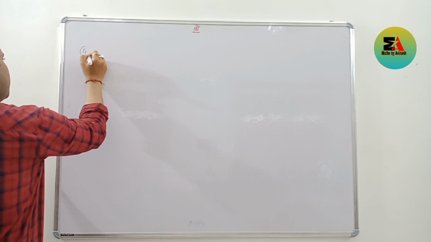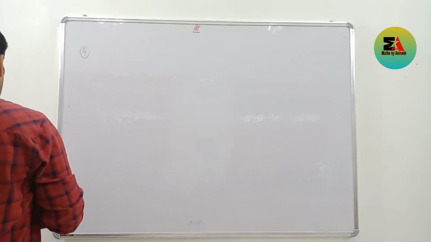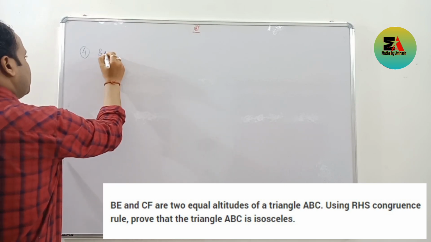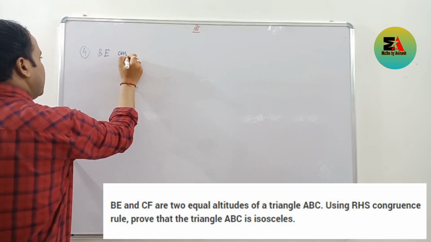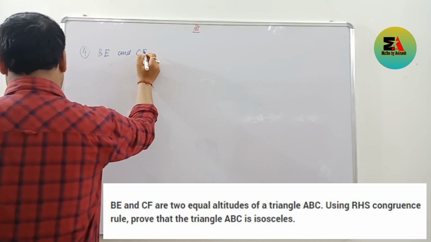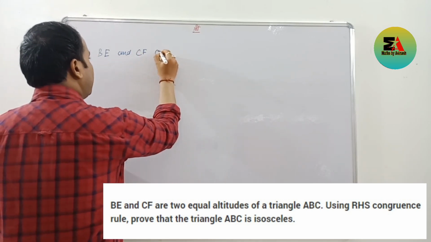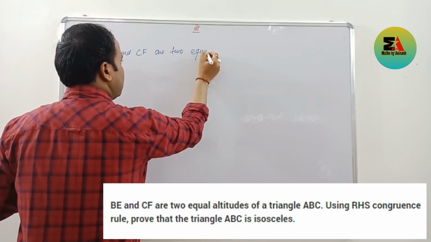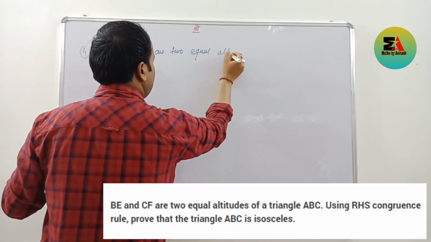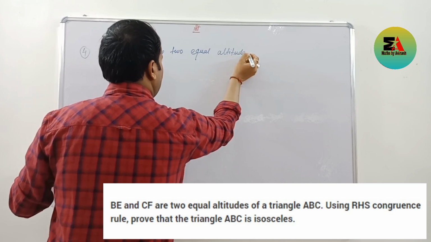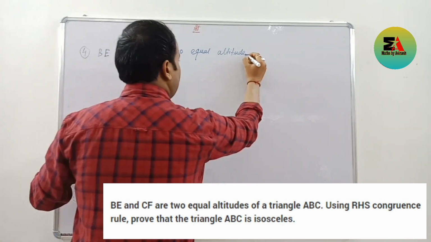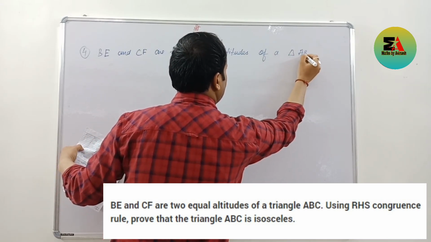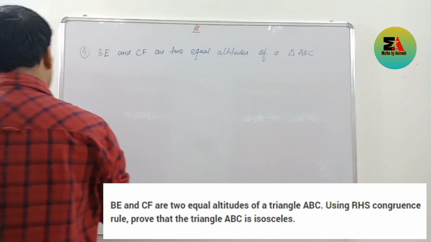This is question number 4. In this question, BE and CF are two equal altitudes of a triangle ABC.